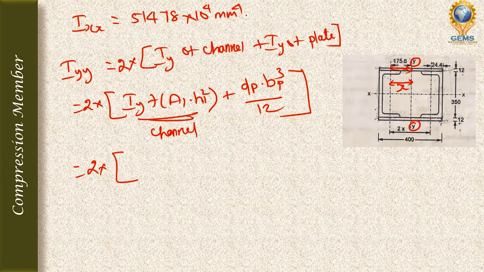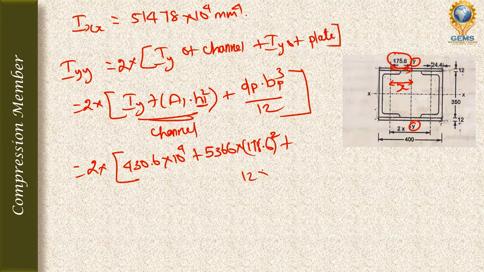So here 2 into, what is the Iy value? 430.6 into 10 to the power 4 plus the area of one channel, 5366, into, what is the h1 distance? 175.6 whole square, plus d, 12 into 400 cube by 12.